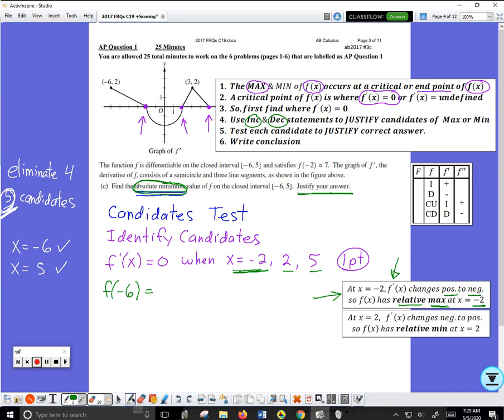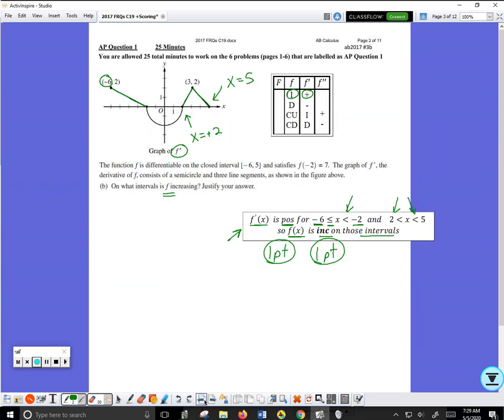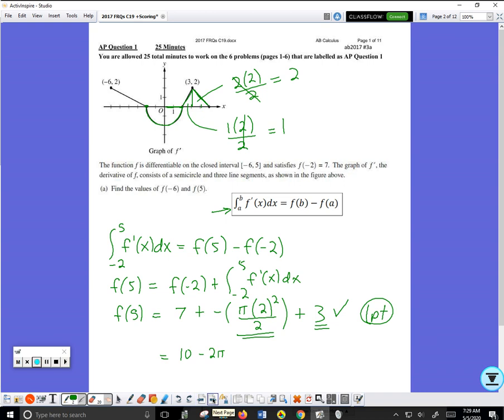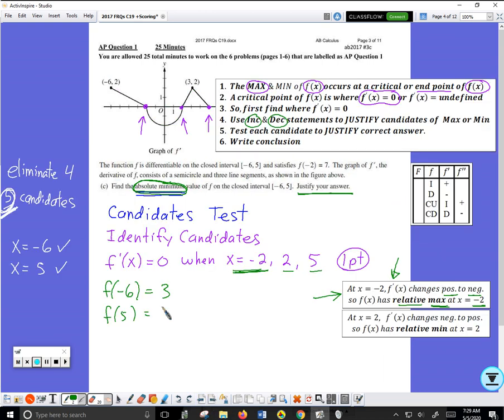So f of negative 6 turned out to be positive 3. f of 5 turned out to be 10 subtract 2 pi. Well, 2 pi is about 6.28, so that's 10 subtract about 6.28, which is somewhere in the vicinity of 4.